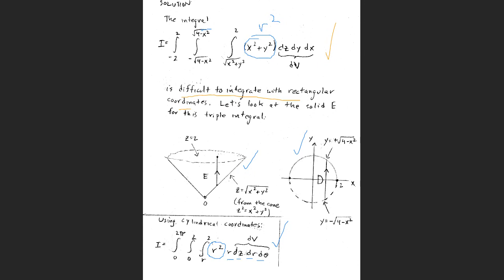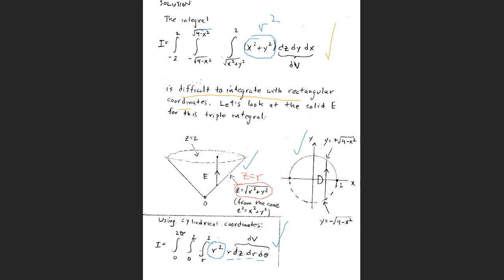So the cone is z equals the square root of x squared plus y squared, but that would then be the same as z equals r.